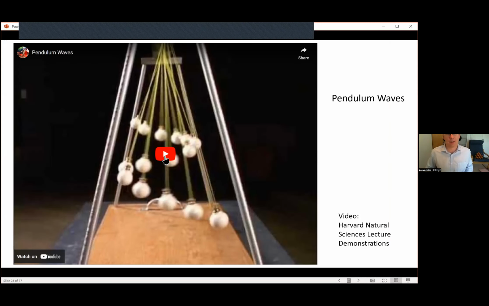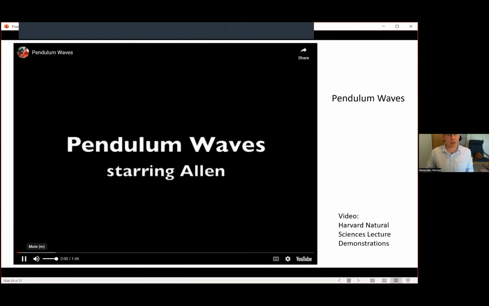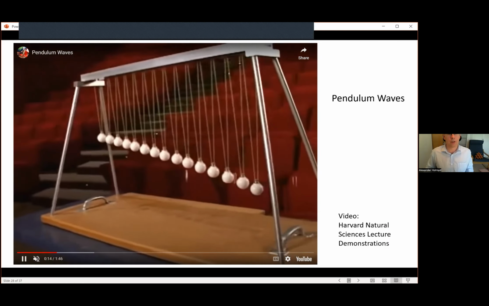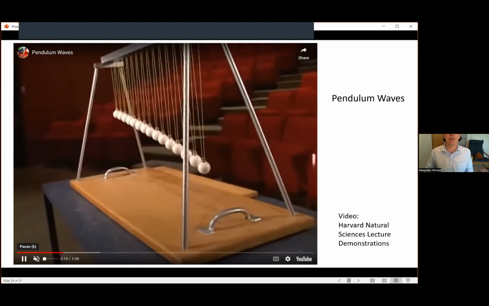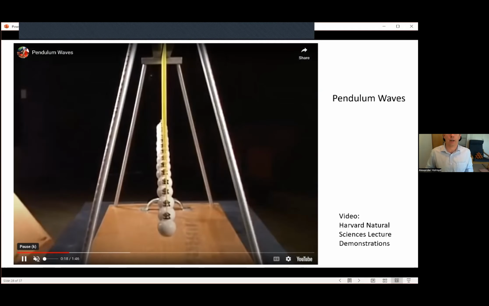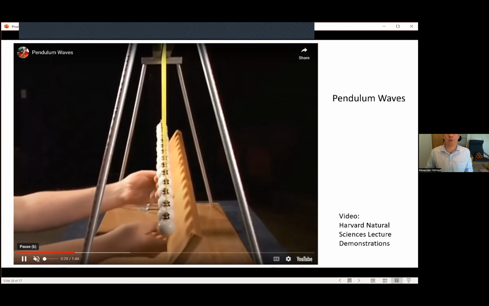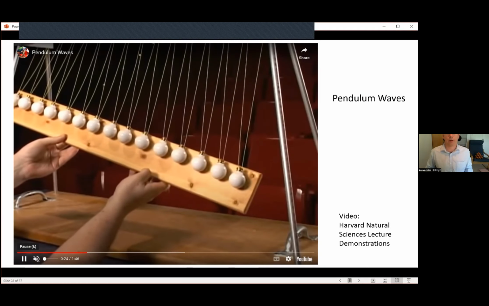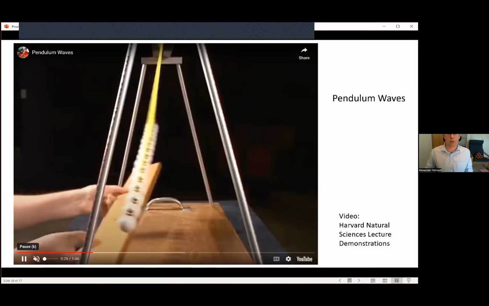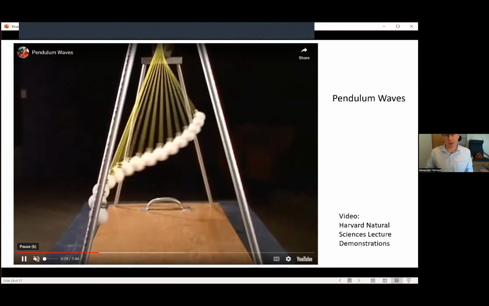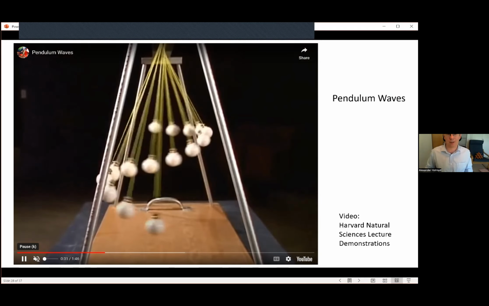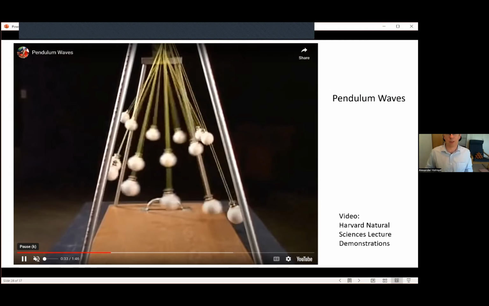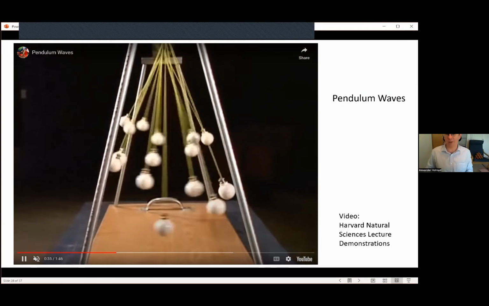Let me tell you about something else. So here is another sort of well-known-ish phenomenon. If you have a sequence of pendulums with their frequencies in arithmetic progression, you can do this rather cool thing where you start them all going and they start getting out of phase because they have different frequencies, and you get this sort of beautiful sine wave pattern.